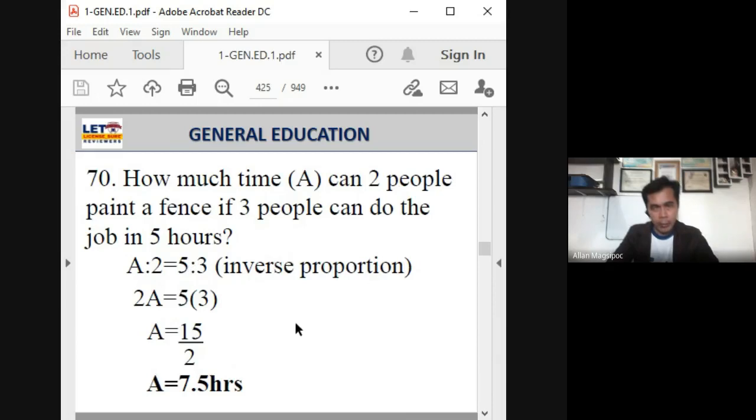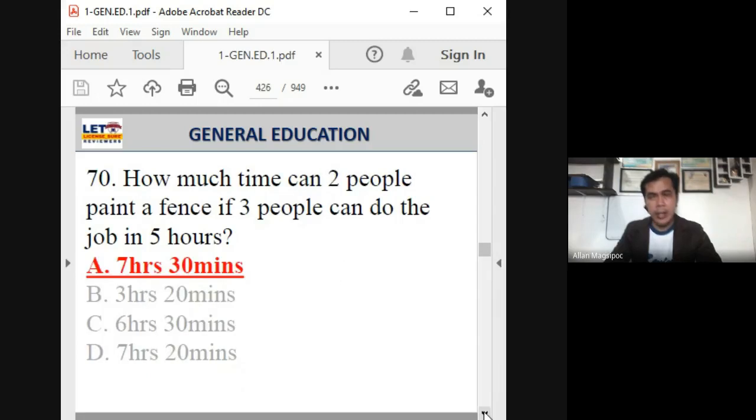As we have understood the word problem. So we get 2A kasi multiply natin itong sila mismong nasa ratio. 2A is equal to 5 times 3. So we get A is equal to 15 divided by 2. So that's 7.5 hours or 7 hours and 30 minutes. Di ba?